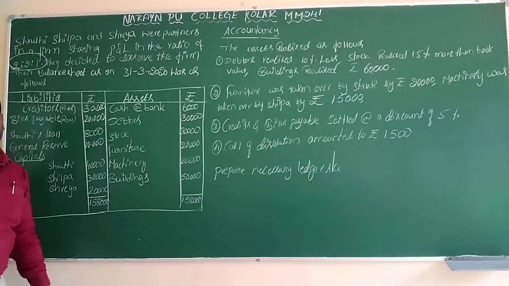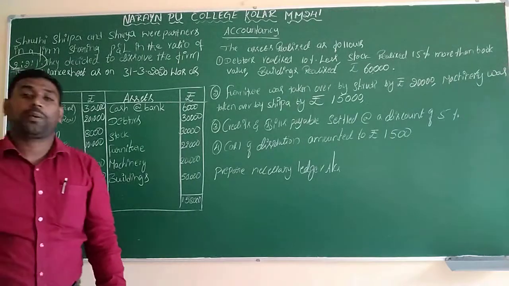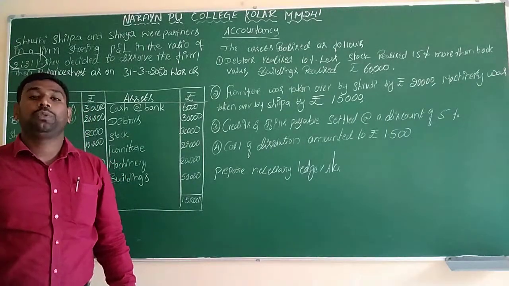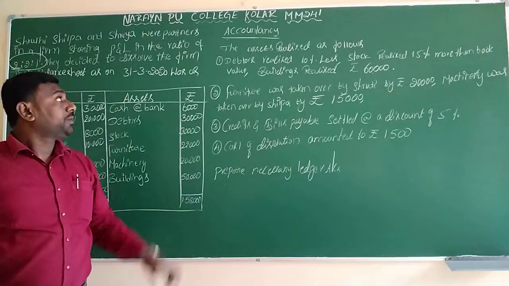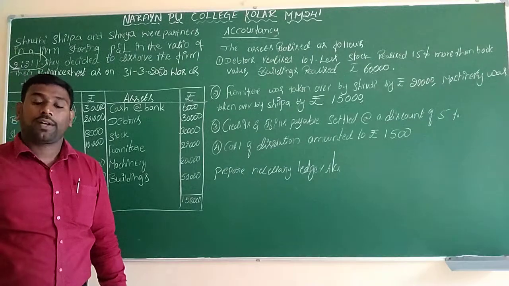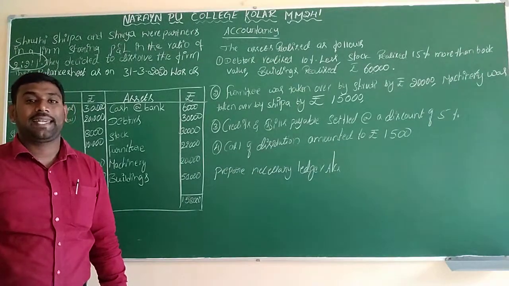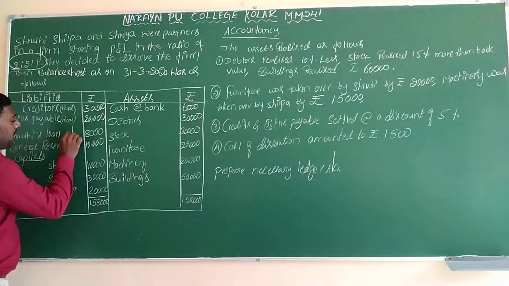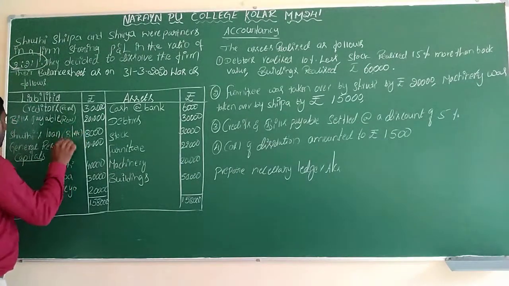Why is it a liability? Because the outsider is not a partner or a member of the firm, though we have to pay the value to the outsider. So for that reason it will be considered a liability. And Shruti's loan will come to the bank account.